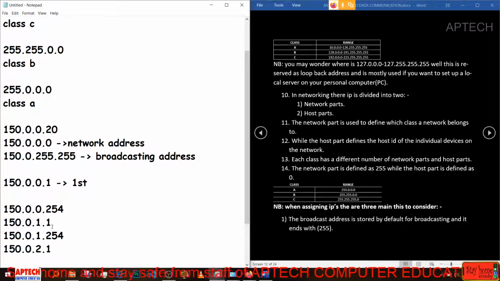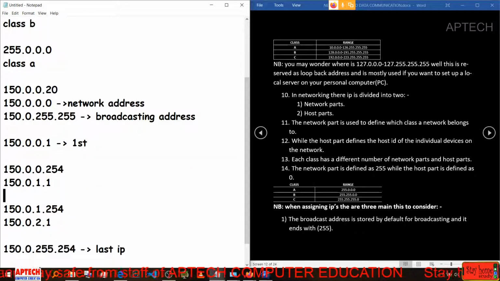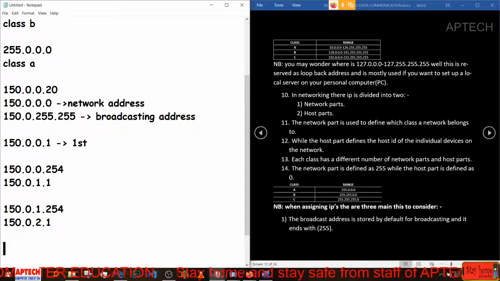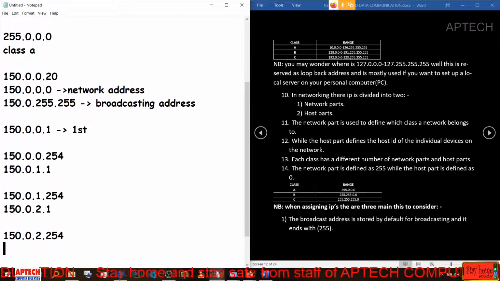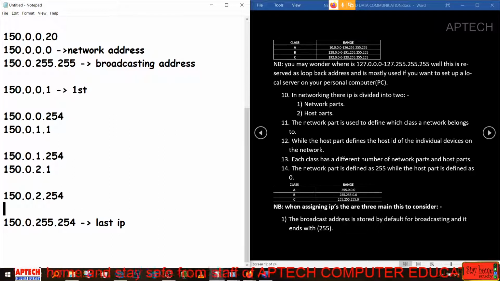Same thing with this, same thing with this. So the list goes on and it stops at this last IP. Are we together?